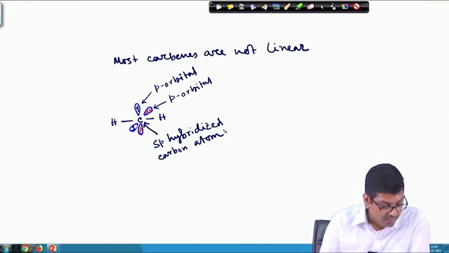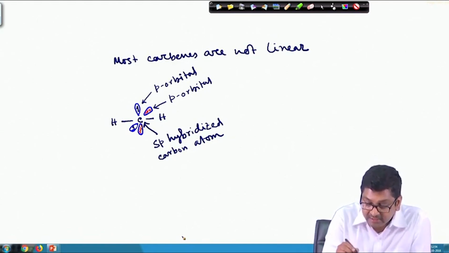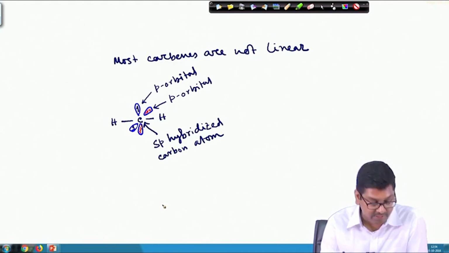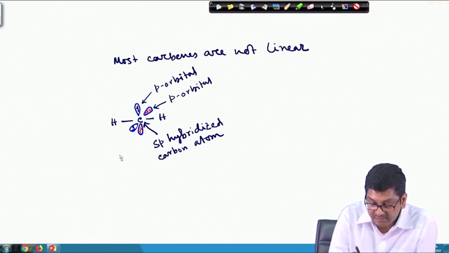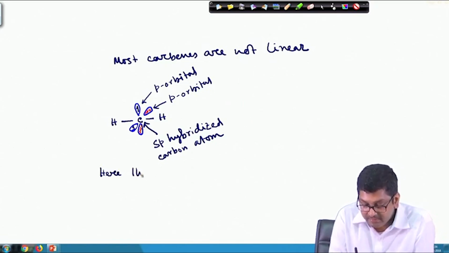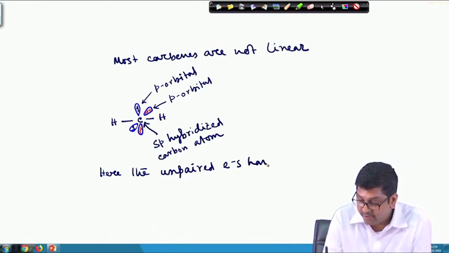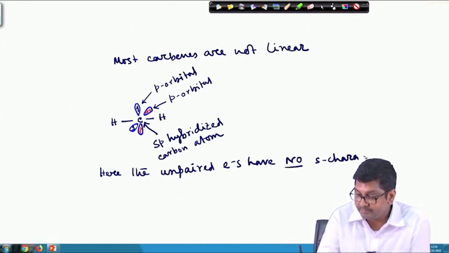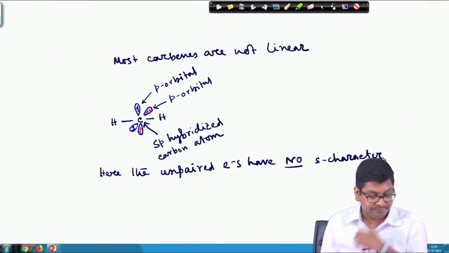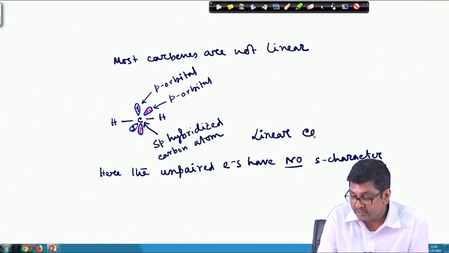Now these two electrons are totally occupying the pure p orbitals, they do not have any s character. So, these unpaired electrons have no s character. So, this is called linear carbene.